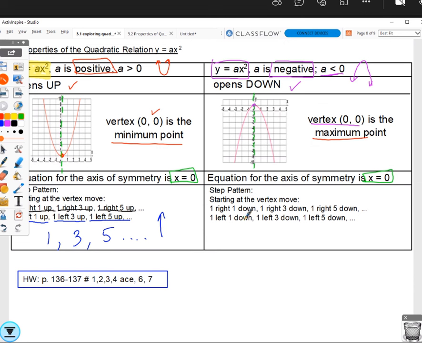Still right on the y-axis there. And now the step pattern, the biggest difference is that it's now the word down. Instead of going up, it is going down. And that's because this thing is negative. Over 1, down 1, over 1, down 3, over 1, down 5. That's exactly what's happening here. We could say it's negative 1, negative 3, negative 5, dot, dot, dot.